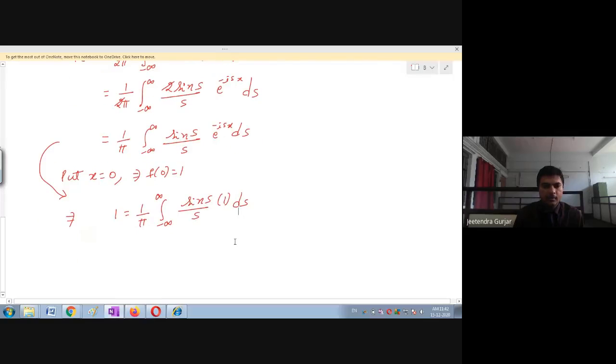I think you remember the property: when the function is from minus infinity to infinity, integration of f of x dx can be written as 2 times integration 0 to infinity f of x dx. This property you have to remember, students. I think in the Fourier series also we have used this.